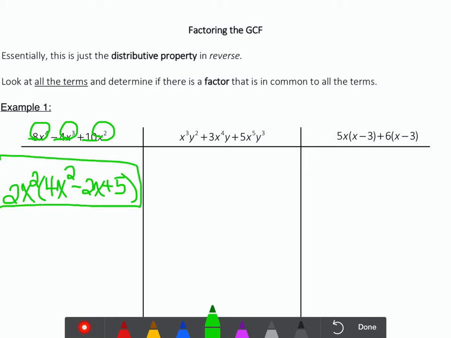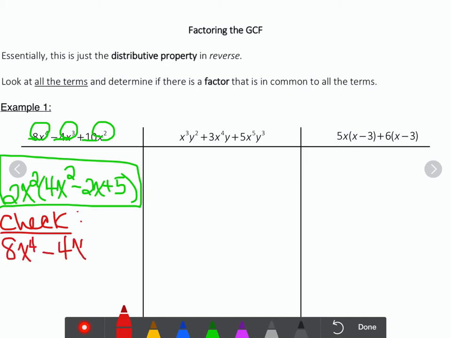And this is my factored polynomial. Remember, we could always check our answer by distributing. So 2x squared times 4x squared is 8x to the fourth, minus 4x cubed plus 10x squared, which is what we were originally given, so that checks.